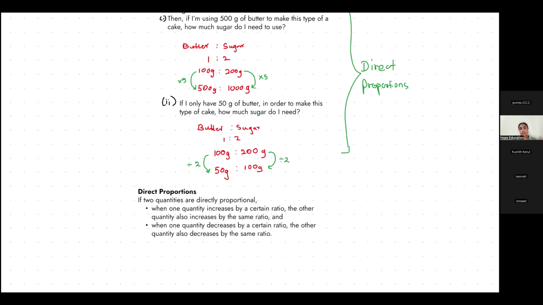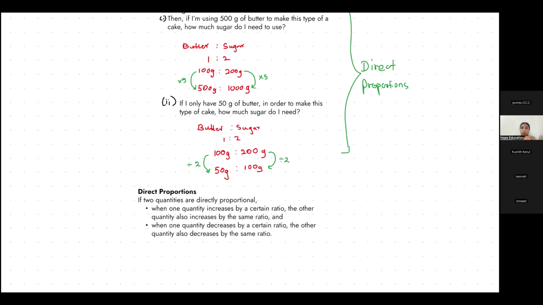In direct proportions, if one quantity is increasing by a certain ratio, the other quantity is also increasing by the same ratio, right? Just like that, when one quantity is decreasing, the other quantity is also decreasing by the same ratio.